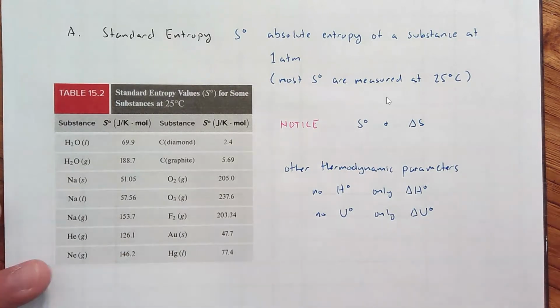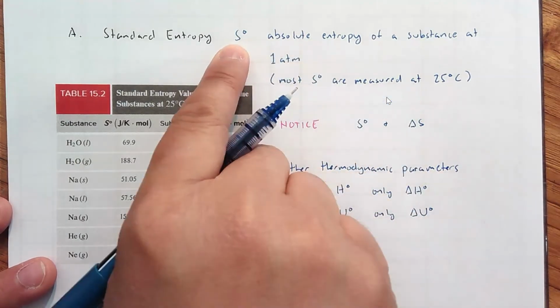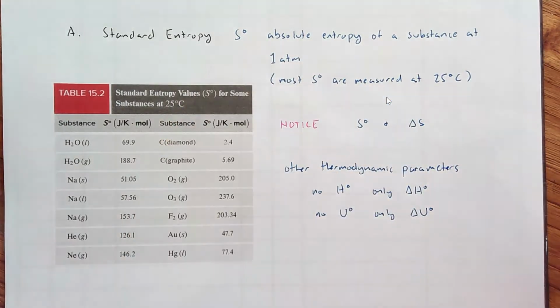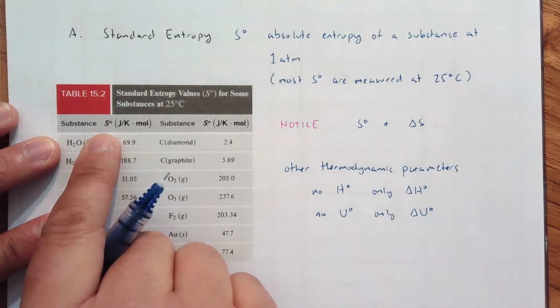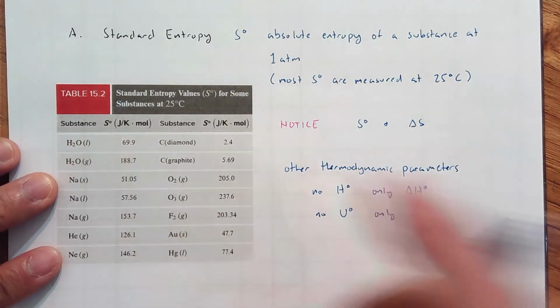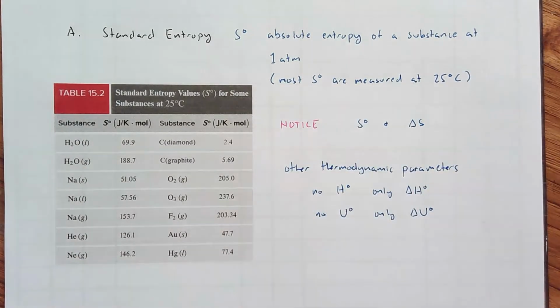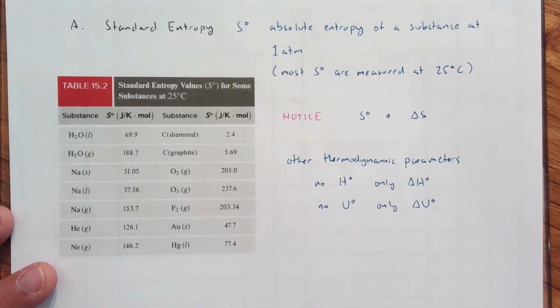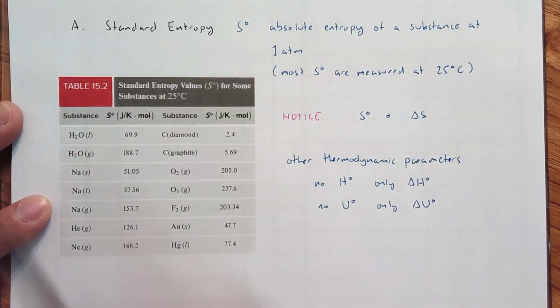So that's what we mean by absolute, the actual number. This is strange because we don't have tables where there's H naught, just delta H. So here's a list, and next we're going to look at some trends.